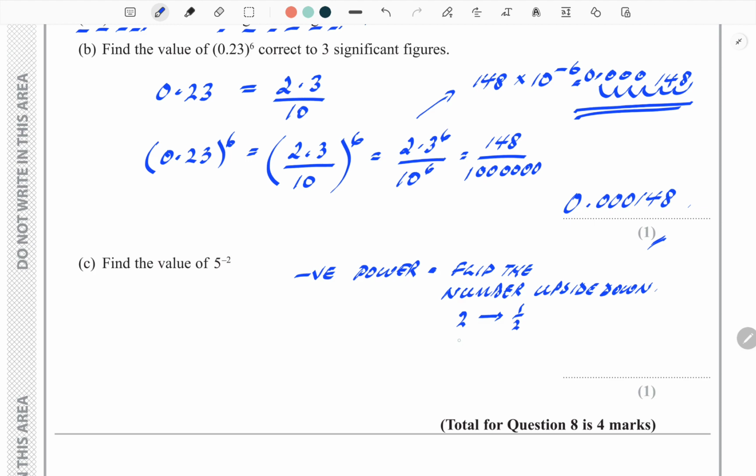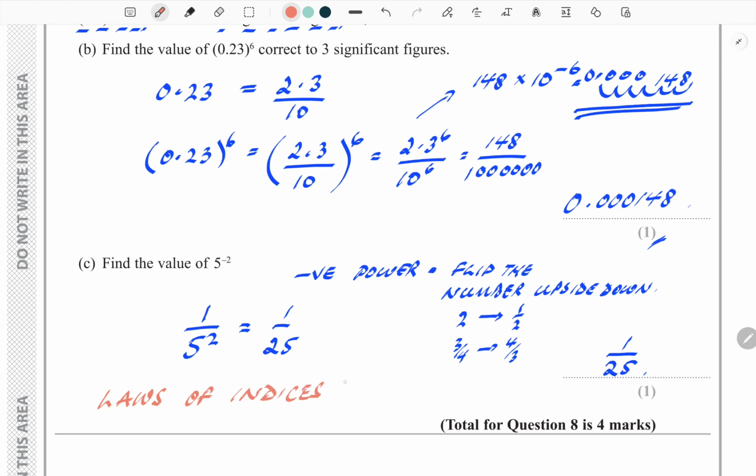If you flip 3/4, that would become 4/3, etc. So in this case, the negative power means we are going to put 1 over 5 squared, and that's 1 over 25. There we go. And just to mention, the laws of indices video, if any of you want to use that as a revision tool.